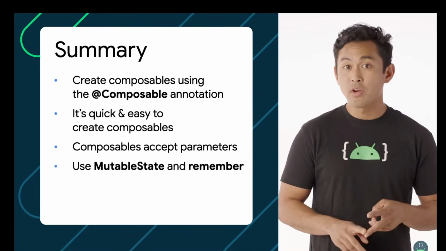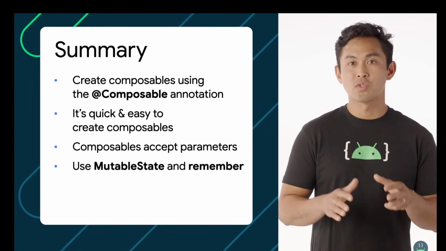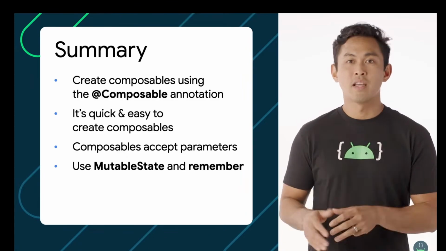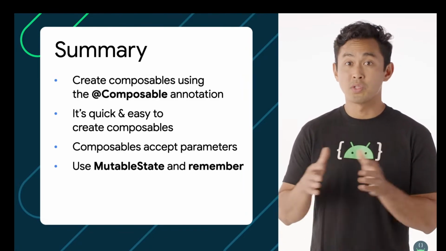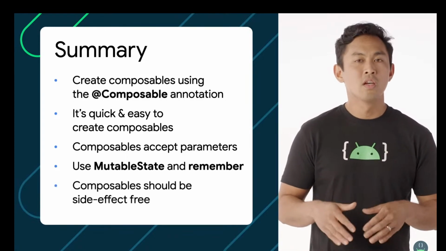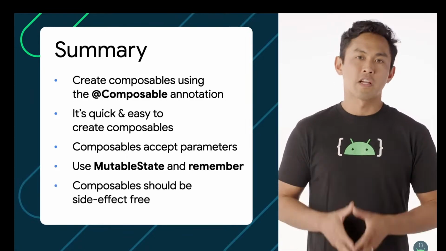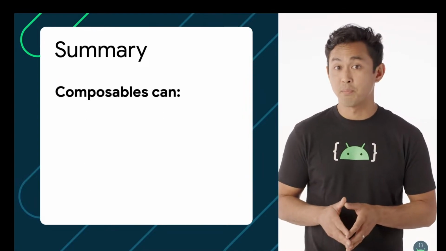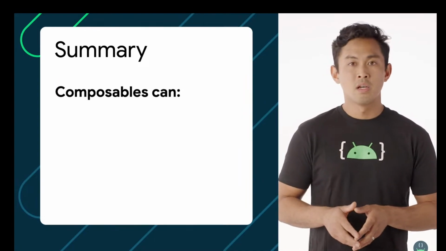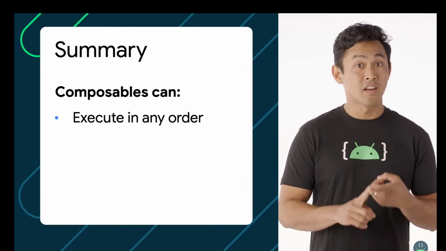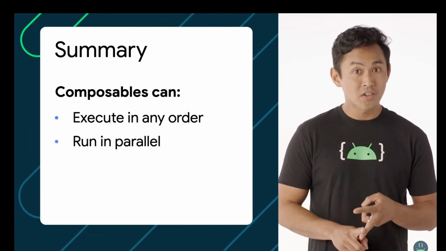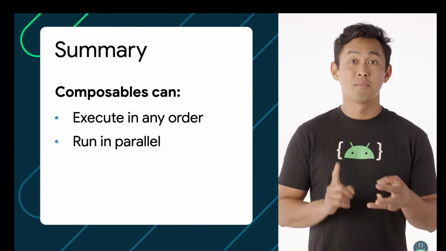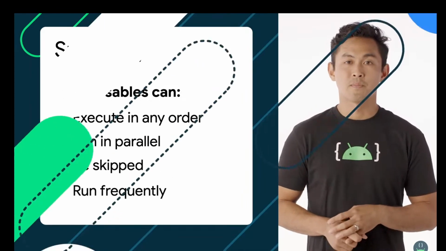MutableState, remember, and rememberSaveable can be used to store a component's state and have Compose automatically track and recompose changes. And composables should be side effect free. We also learned about some interesting properties of composable functions. Composables can execute in any order, run in parallel, be skipped, and run frequently.